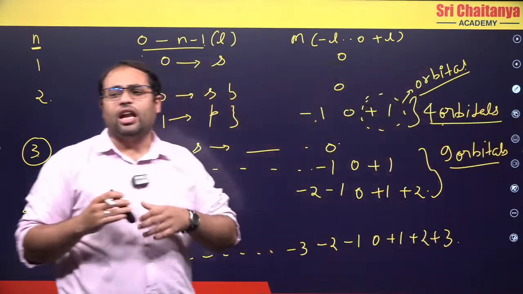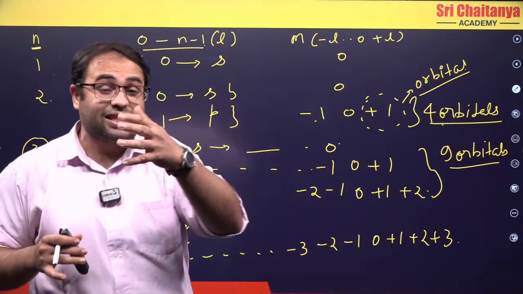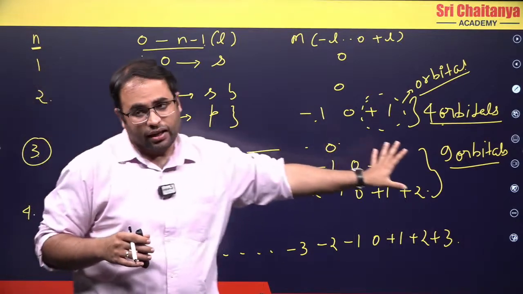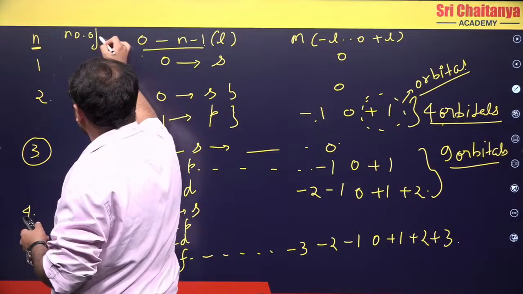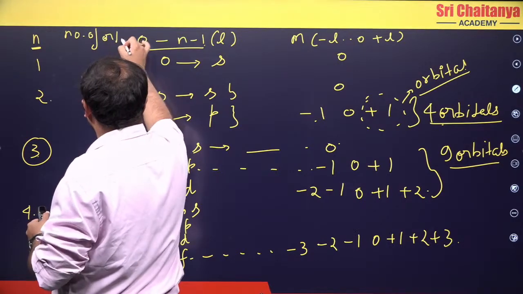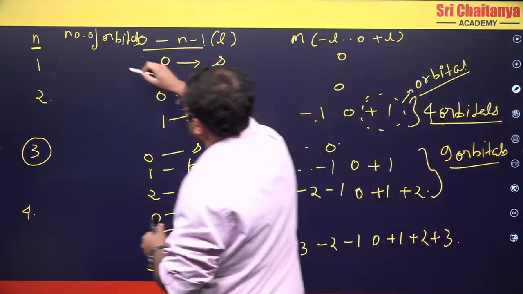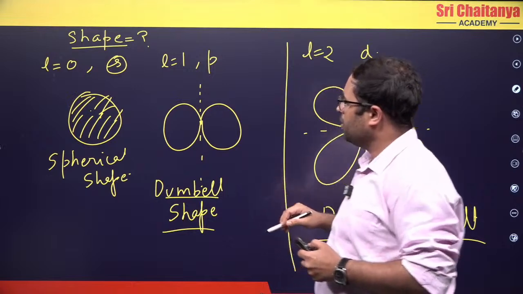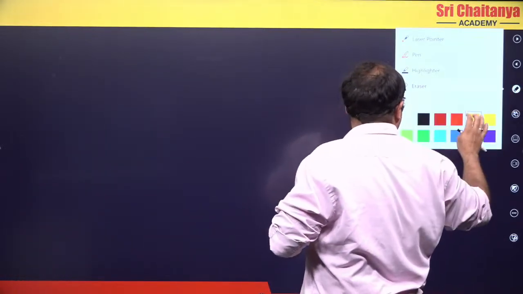So, can you think of a relation between N value and number of orbitals in that N? You can see 2, 4, 3, 9. Yes, the clear relation is, if I talk about number of orbitals, please, if anyone is able to find the formula, it's right in front of you.